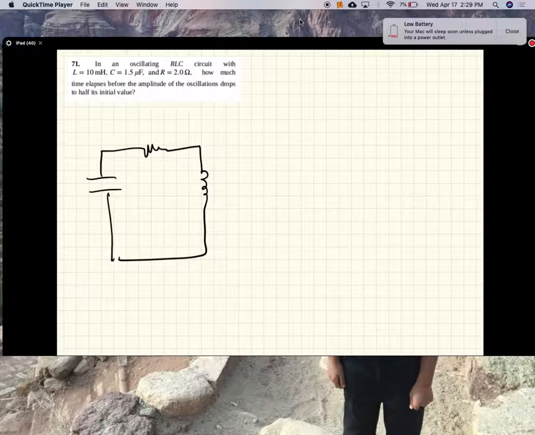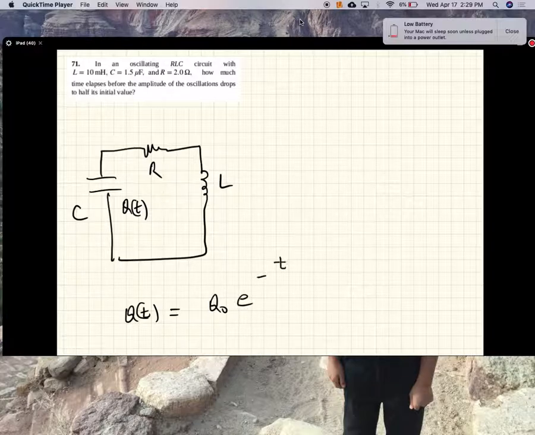Now in reality, you have a resistor present. What you will find is, let's say Q(t) is the charge, and I looked up the expression: Q naught e to the minus Rt over 2L cosine omega_d t.